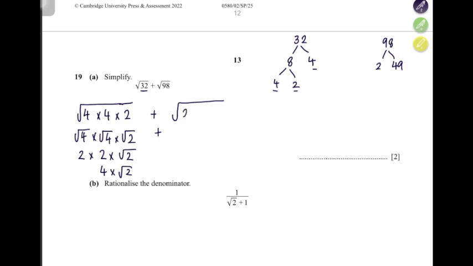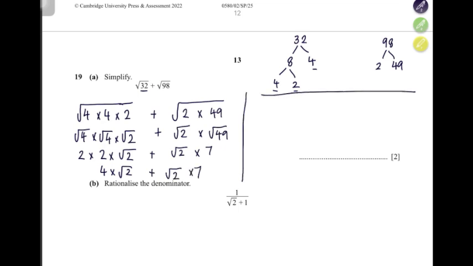So we can write this as square root 2 times square root 49, which is square root 2 times 7. So this can be written as 4 square root 2 plus 7 square root 2. So how many square root 2's do we have? We have 7 plus 4, 8, 9, 10, 11 square root 2's.